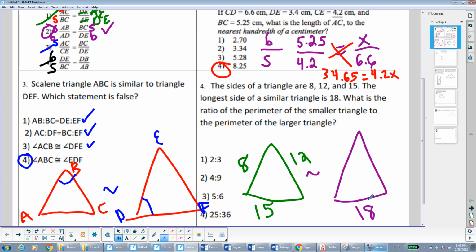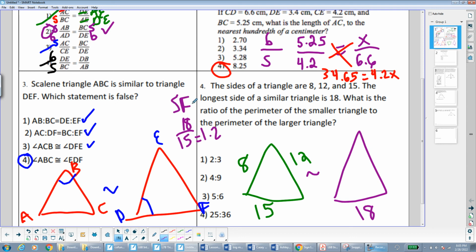Well, let's see what the scale factor is, since corresponding sides are proportional in similar triangles. If I do 18 divided by 15, I get 1.2, and I'll put that over here. 18 over 15 is 1.2, and that's the scale factor here.